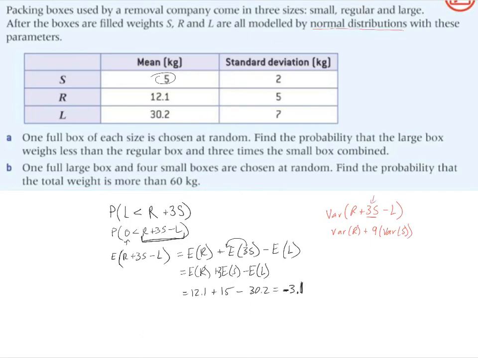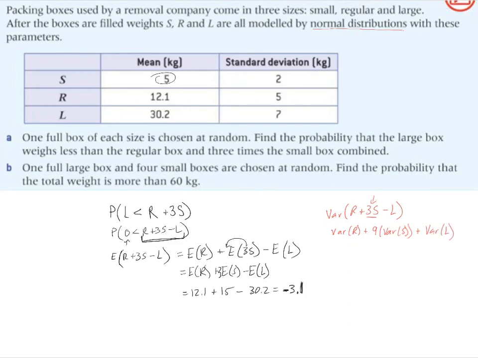In the formulas for variance, you may have noticed it was not plus or minus. It's always plus because it always stretches it out. It doesn't matter if you're adding or subtracting, this will always add. The variances always increase together because the positives and negatives can go opposite what we expect. So this will give us the variance of L.